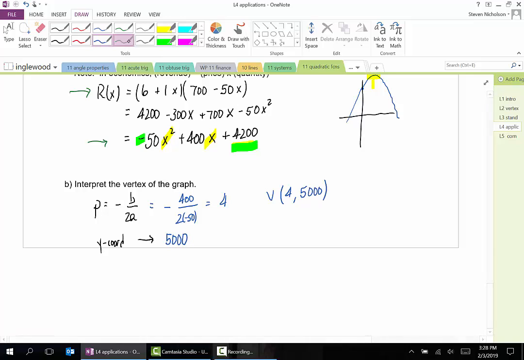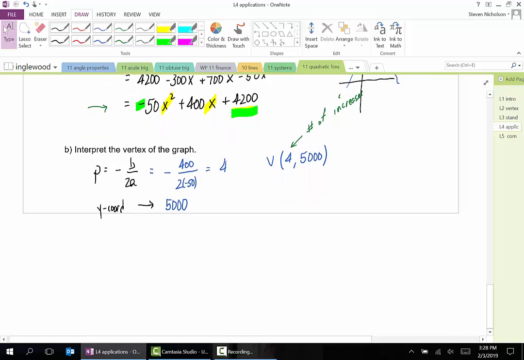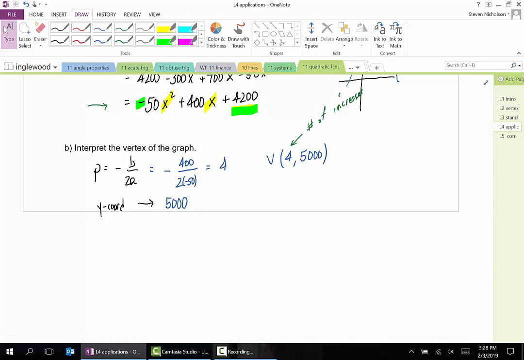Now remember what this represents. The x-coordinate represents the number of $1 increases. So basically, what this vertex tells us is when price increases by $4, we get a maximum revenue of 5,000. So that's what that means.